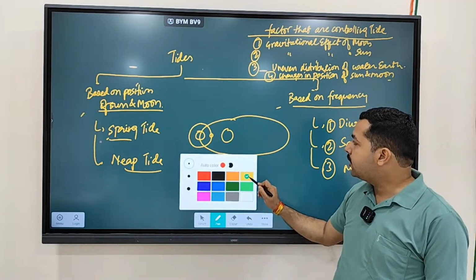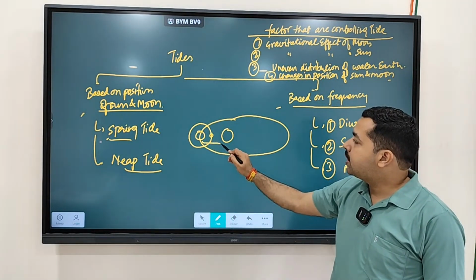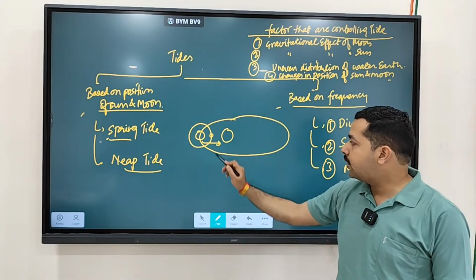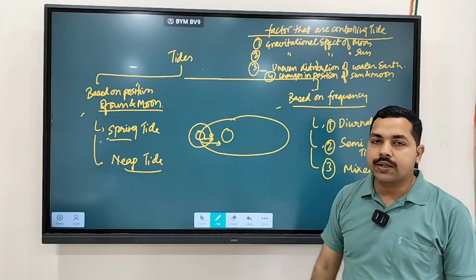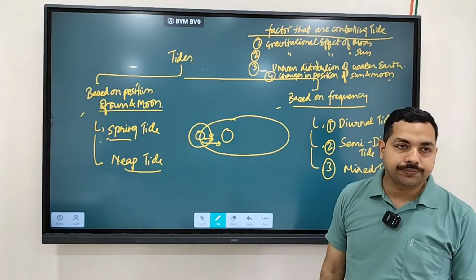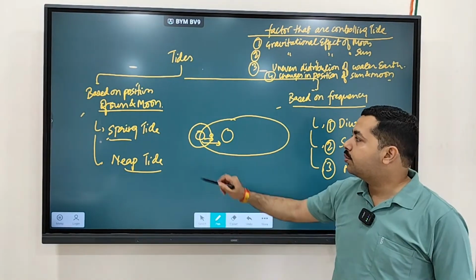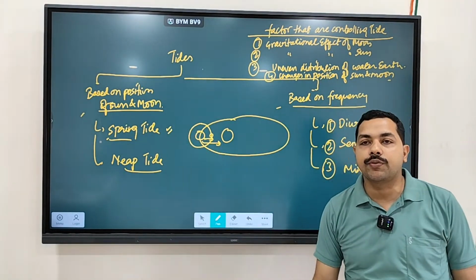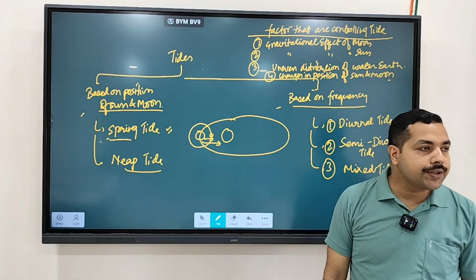Now what is happening here is the sun's gravitational effect is in this direction, while the moon's gravitational effect is also in this direction. So what will happen? Bigger tides are going to be formed. Such bigger tides are referred to as a spring tide.